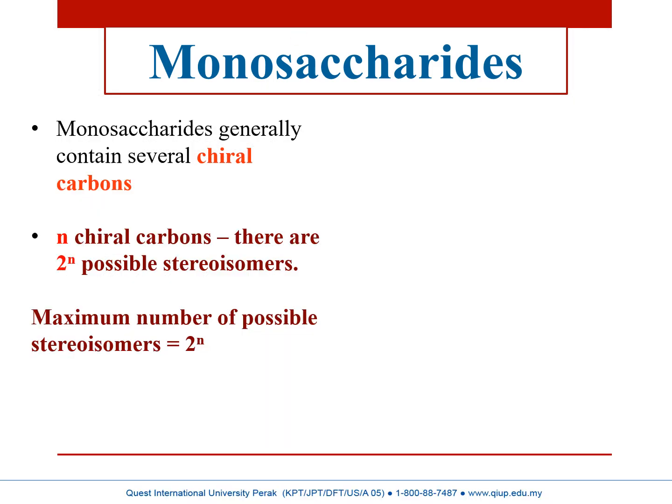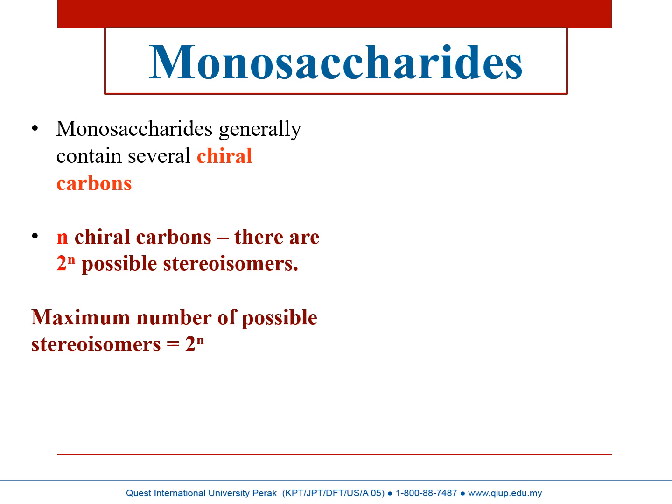Now, with the understanding of chiral carbon and also stereogenic center, it is possible to determine how many stereoisomers there are for each chiral carbon. If you have one chiral carbon in that structure, then you will get two stereoisomers.